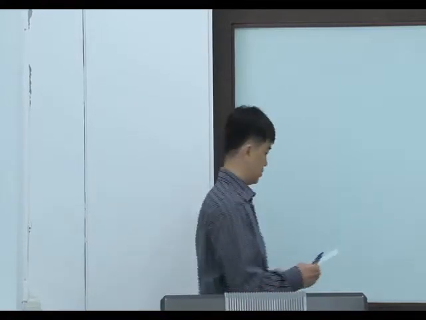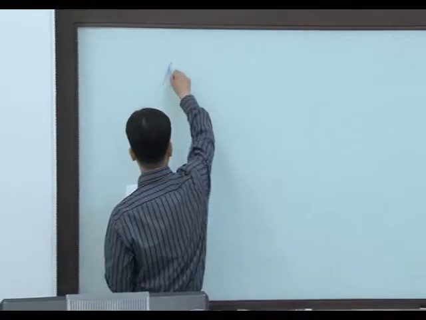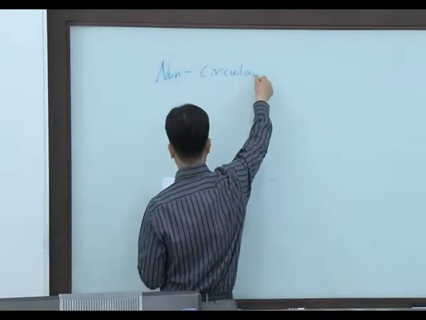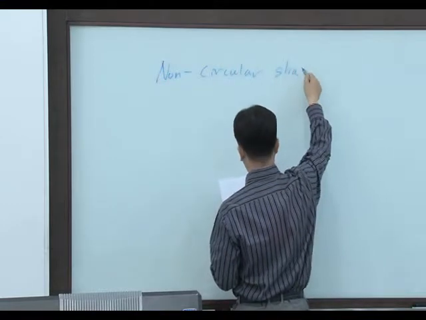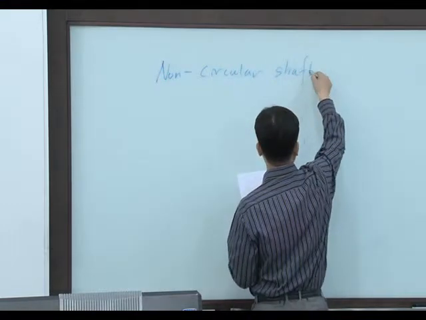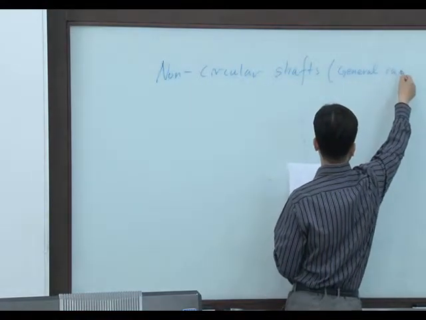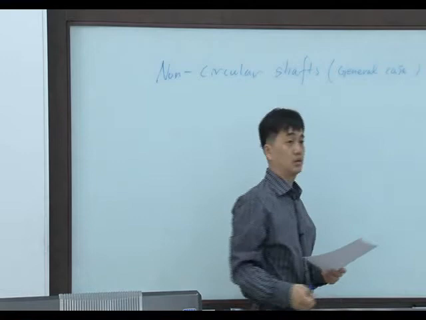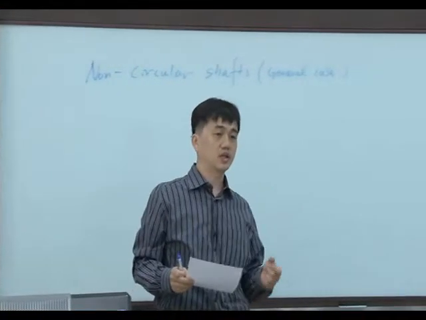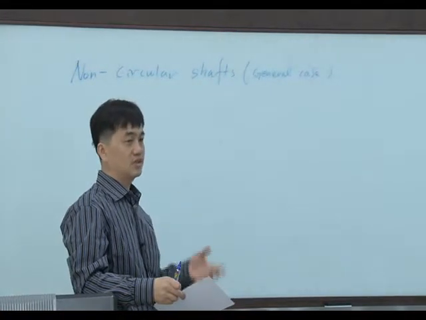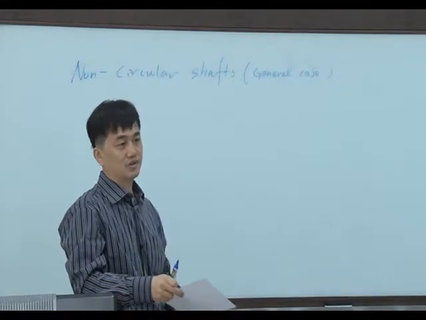Okay, so let's talk about the general shaft, general case. So non-circular shaft, just non-circular shaft. This is really the general case. The equation from this can be used for thin-walled cross-sections, open cross-sections, closed cross-sections, even circular cross-sections.